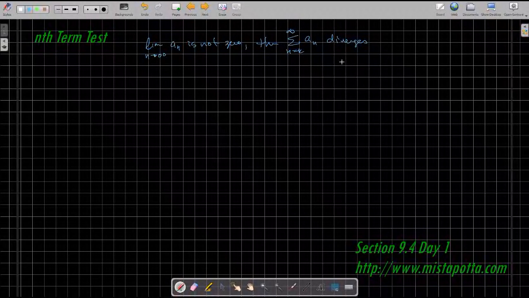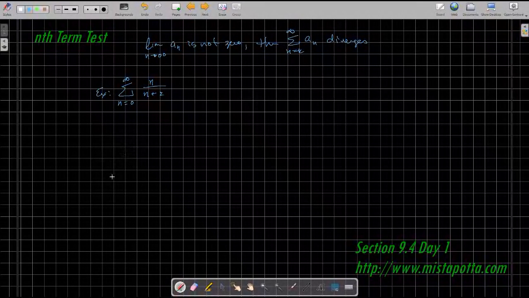I'm going to get something that's divergent. I can do a real quick example of that. Let's say that I'm dealing with the sum from n equals 0 to infinity of n over n plus 2.